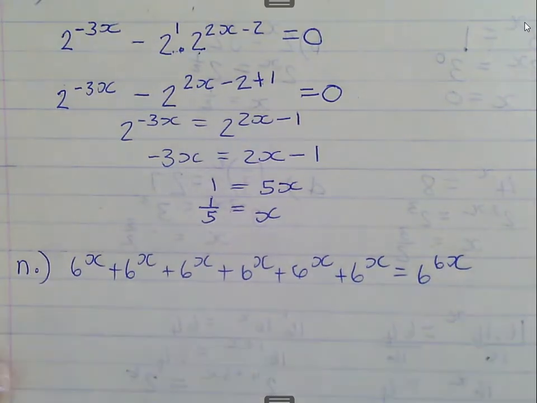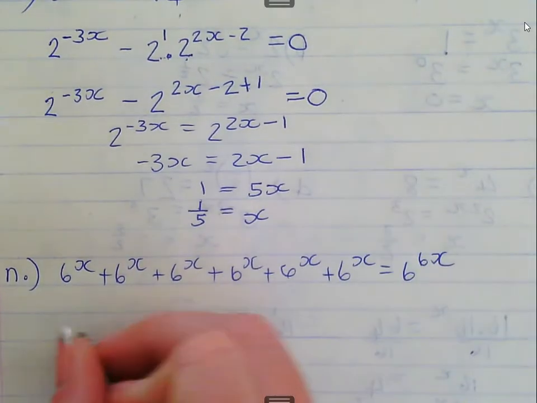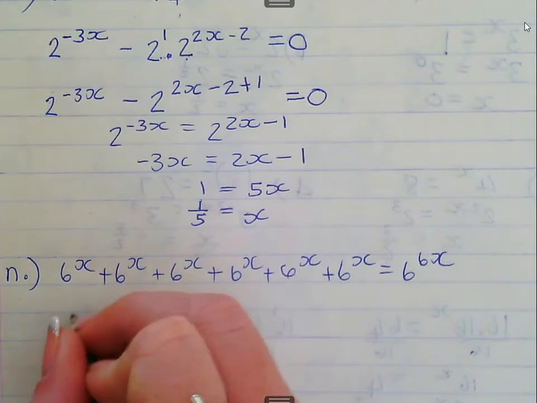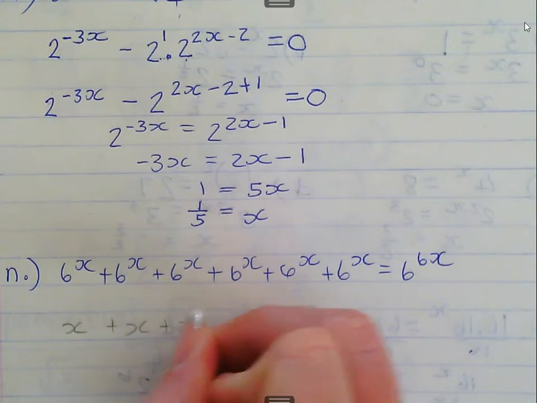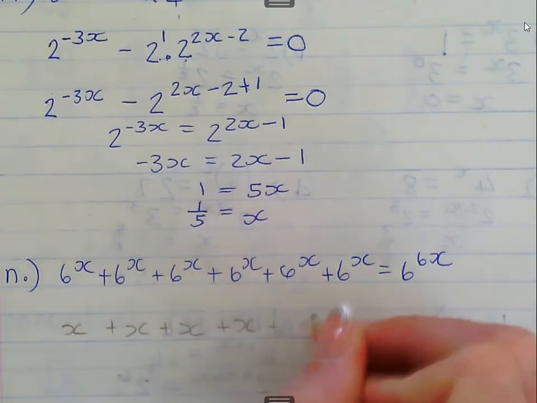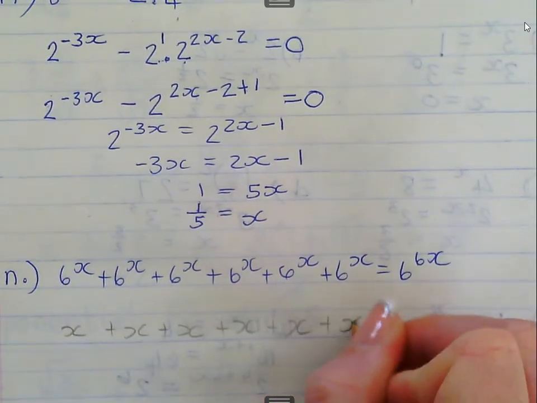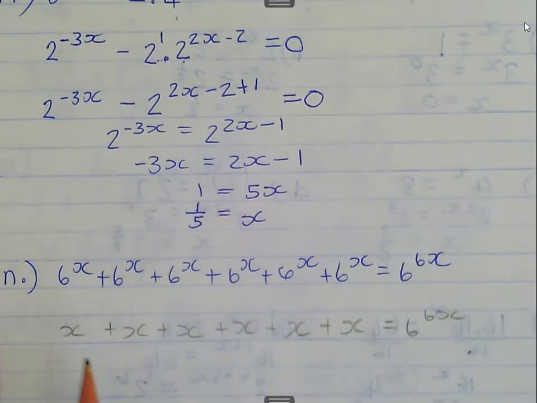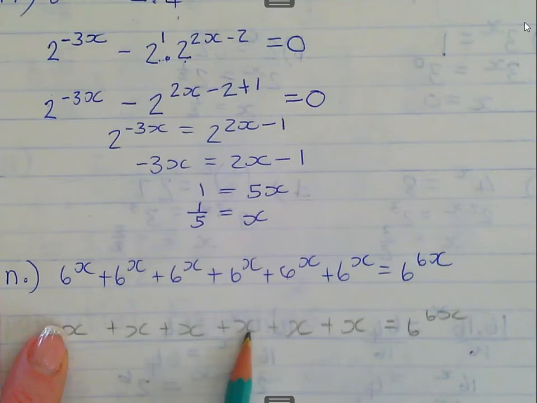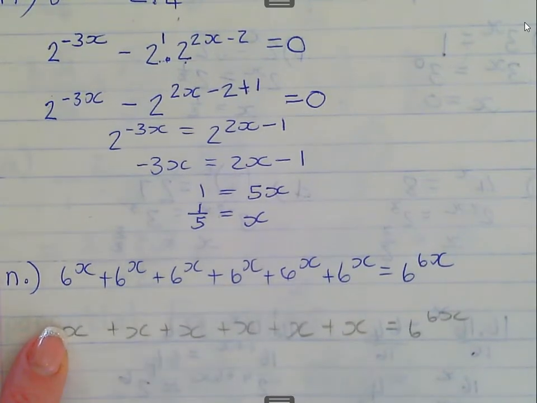Now I want to change the sum and just ask you a question. If it was x plus x plus x plus x plus x plus x equal to 6 to the power of 6x. What is x plus x plus x plus x plus x plus x? 6x.